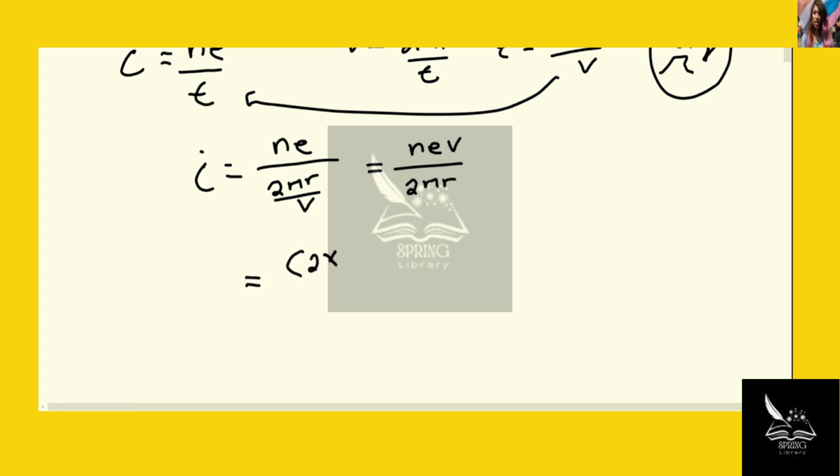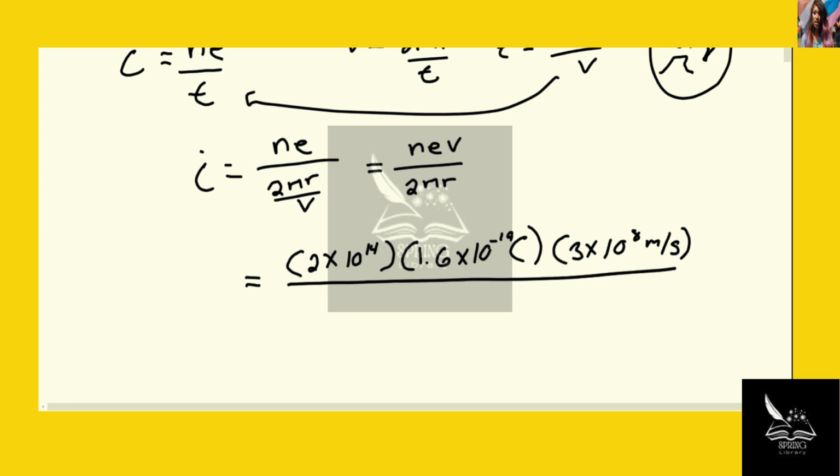So 2 times 10 to the 14th, and that's what we were given, the protons. And now we have the electron charge, so 1.6 times 10 to the negative 19th coulombs, and then we have the speed of the particle, which is 3 times 10^8 meters per second, divided by 2 pi times 4.3 times 10 to the third meters.